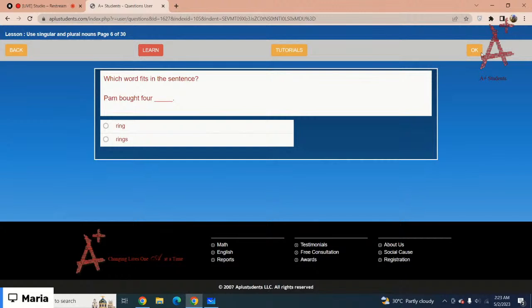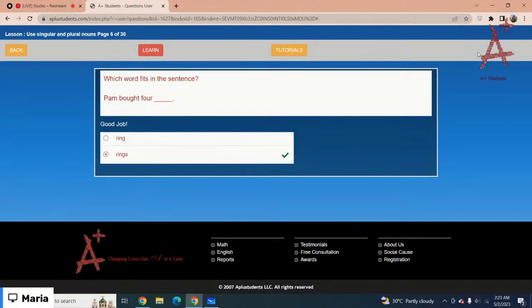Pam bought four. That four means more than one, so it would be four rings.